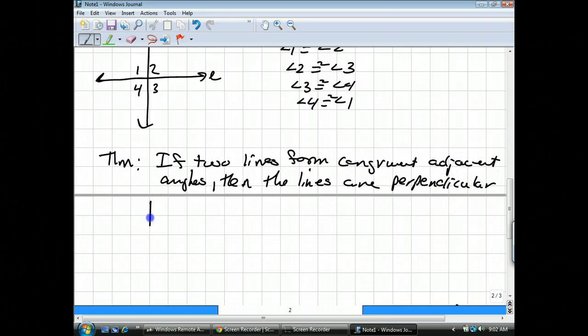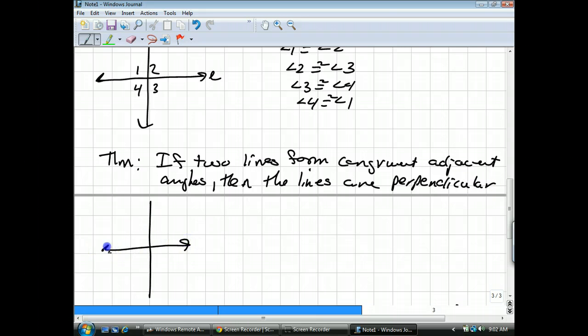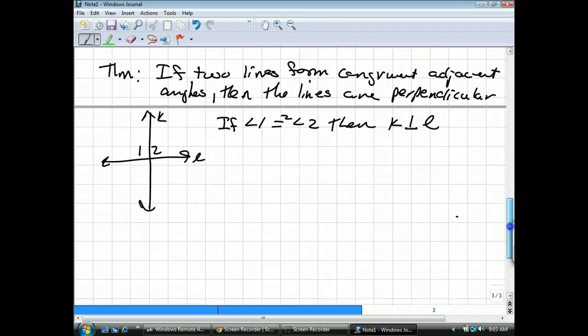So what this is saying is, let's say we're told angle 1 is congruent to angle 2. Well, they are adjacent angles by definition of adjacent angles, and they are congruent. Therefore, we can say that line K is perpendicular to line L. That's what this theorem says, and it's just the converse of the first theorem.